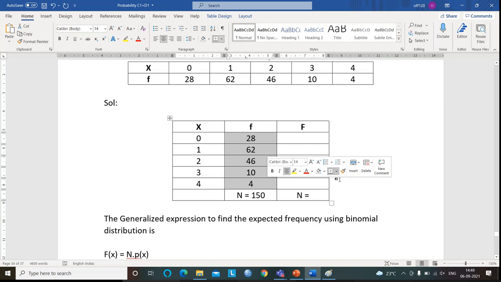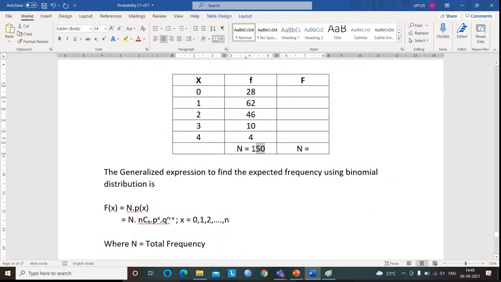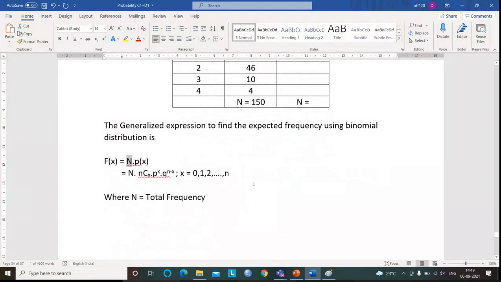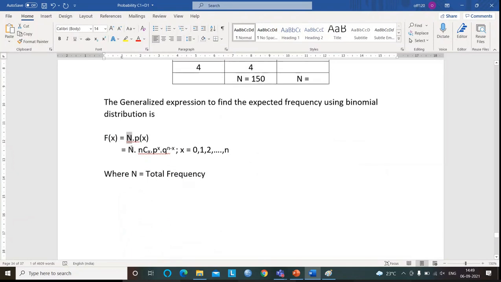So to find that, we are taking this 150 as the standard value. To get this 150 total, we are going to identify new frequency values. Using this 150 as common here, I am going to substitute n value as 150. Since they have given us a binomial distribution, let us use the binomial distribution formula over here.